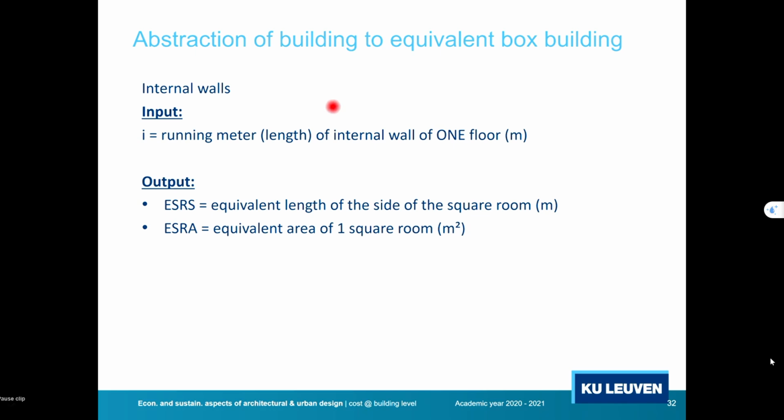This is what you have to measure, and based on that, we will calculate two things. First of all, the equivalent length of one side of a square room, assuming that your full building is subdivided in square rooms with that specific length. And then the area of such a square room.